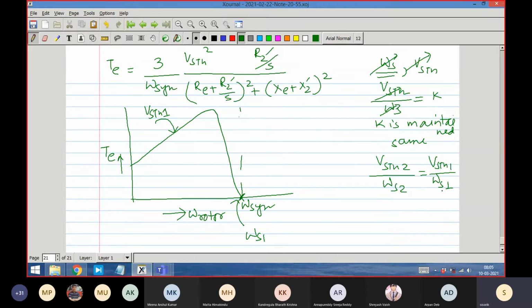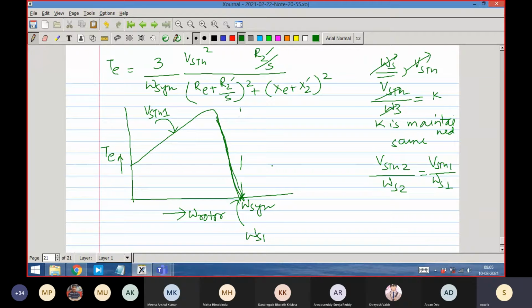So how this characteristics is modified or changed, we would like to see with some approximation. You can clearly see that in this zone, this is the most interesting zone, because we operate in this zone. So in this zone, what is the situation?